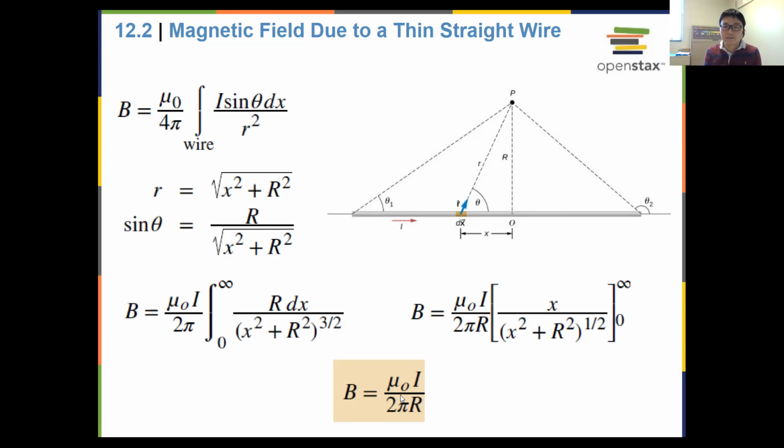Because the upper limit goes in here, it becomes infinity, and if this is infinity, this guy is small. So that just becomes infinity over infinity, which is 1. The lower limit comes in, becomes 0 here, so everything is 0. So this is your result: the magnetic field by a thin straight wire becomes mu naught I over 2 pi divided by r, where r is that distance.